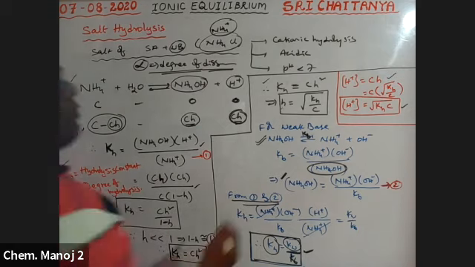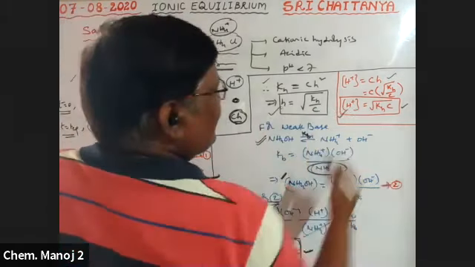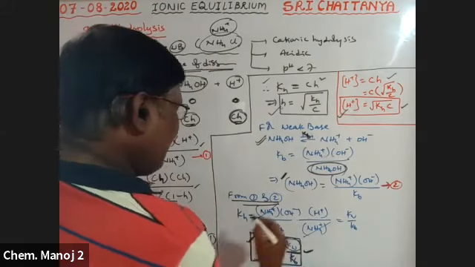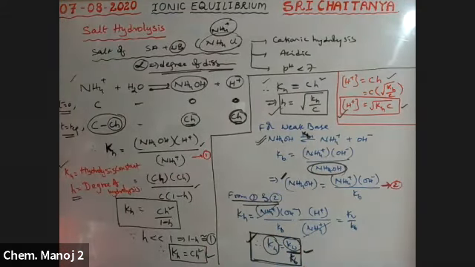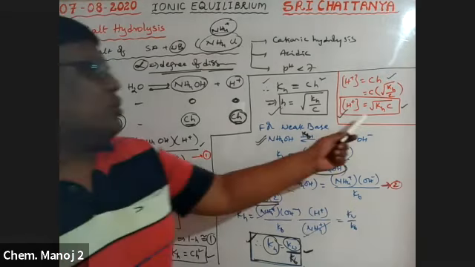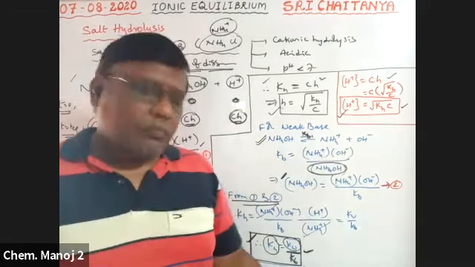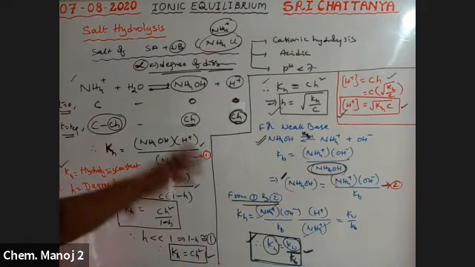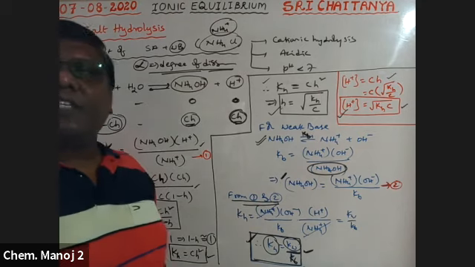The important formulas are the h value, the H plus concentration, and Kh. All these equations are very, very important. This H plus concentration is used to calculate the pH of this aqueous solution.